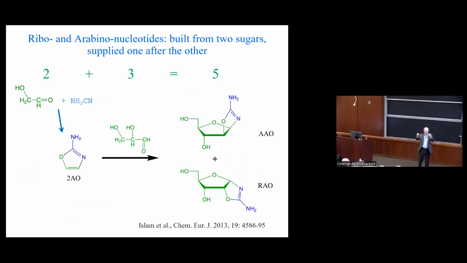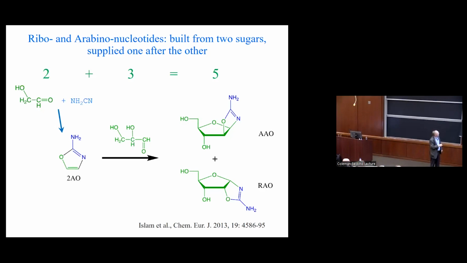If you want to build a sugar that has 5 carbons, like ribose or deoxyribose, the best way to do it is to take a 2-carbon unit and a 3-carbon unit and put them together. 2 + 3 = 5, right? Simple. So chemically, you can do this.